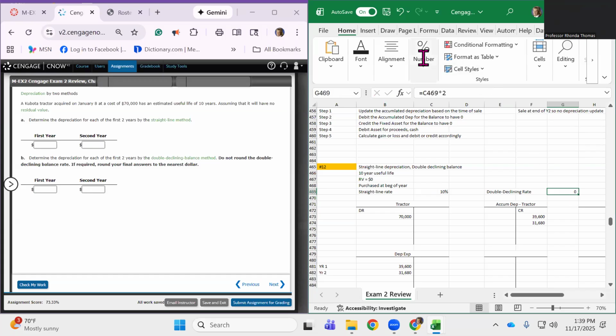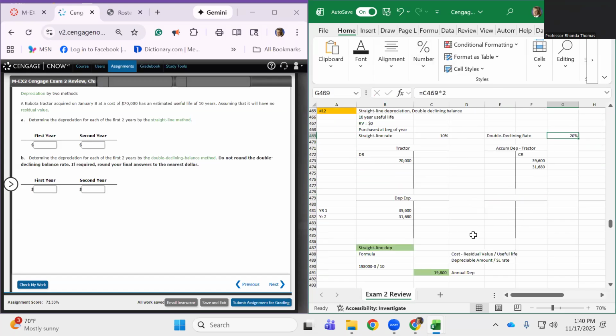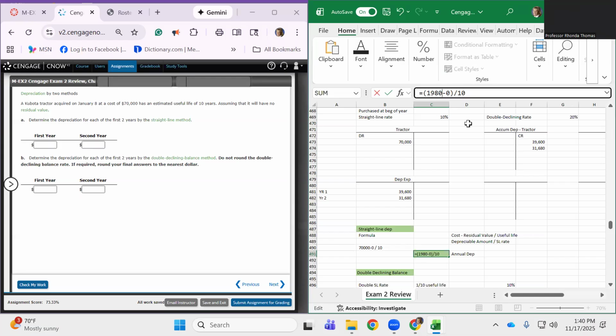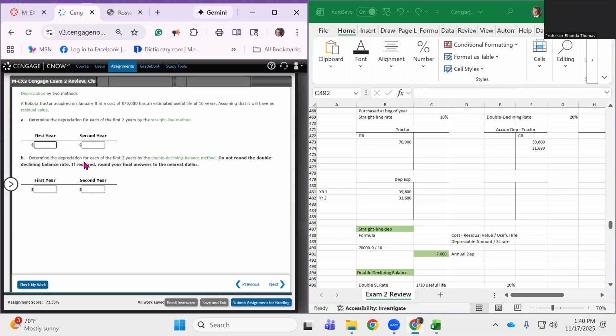We'll change that to a percentage, 20%. All right, so the straight line formula: cost minus residual value divided by the useful life. So let's take 70,000 and subtract 0, because at least we watched for that residual value. All right, so $7,000 is going to be the first year and the second year of depreciation.